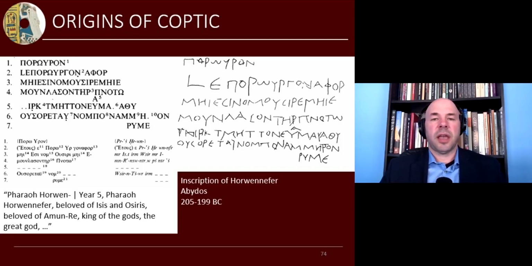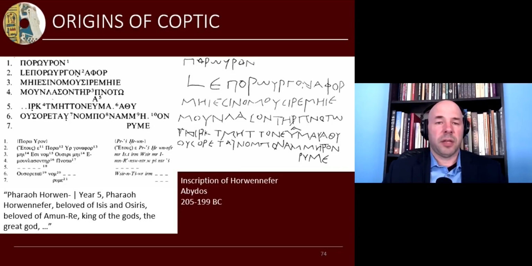The other interesting aspect of this experiment, or about this transition, is that the Egyptians actually for several centuries had made, at least occasionally, experimental writings using the Greek alphabet to write Egyptian. So for example, here you see an inscription from a temple at Abydos.